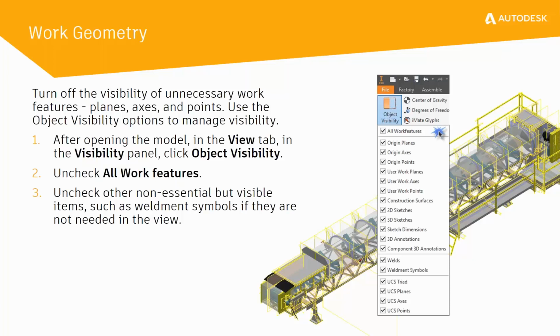If you use the pull-down menu, you'll note that the top feature there is All Work Features. That's one of the quickest and easiest ways of turning on or off all of the work features inside of the large assembly. So rather than individually selecting them, or going into assemblies and sub-assemblies and hiding those planes individually, this is probably the quickest and easiest way of doing that.